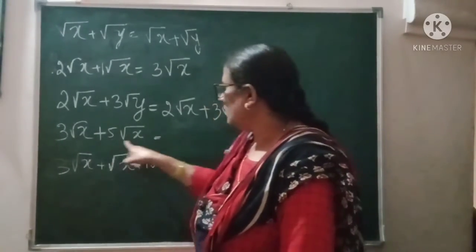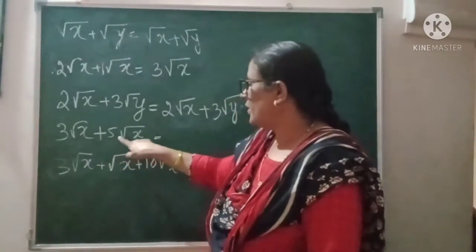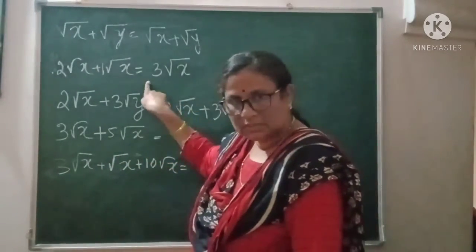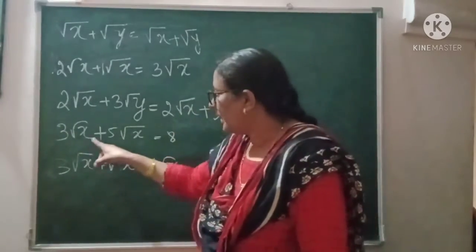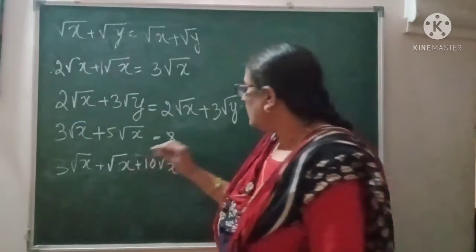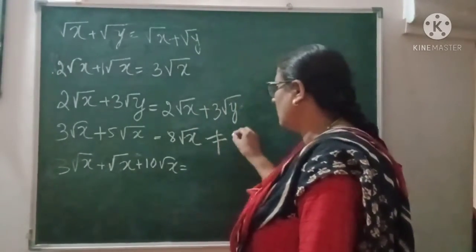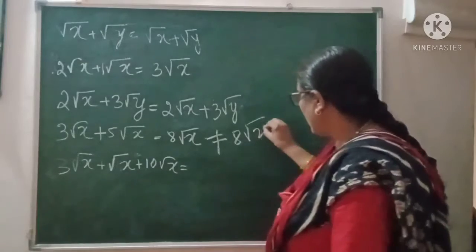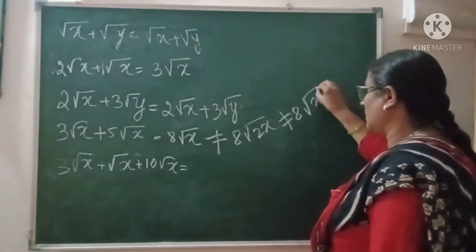Okay, this looks simple, and it is simple of course. 3 root x plus 5 root x is similar to this one. You are writing 3 plus 5, 8. Don't write x plus x as 2x or x square. It is simply 8 root x. This is not equal to 8 root 2x, and it is not equal to 8 root x square.